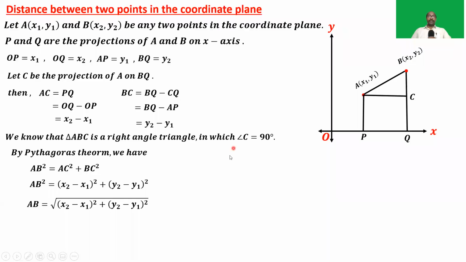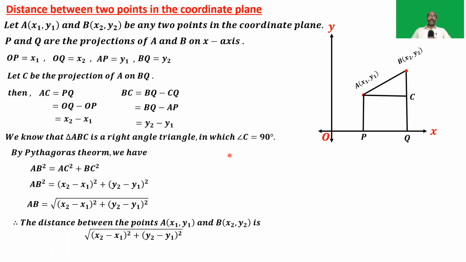So the distance between the points A (x1, y1) and B (x2, y2) is under root (x2 minus x1) whole square plus (y2 minus y1) whole square. Using this formula, we can find the distance between any two points in coordinate plane. Here we can take as (x1 minus x2) whole square plus (y1 minus y2) whole square also.